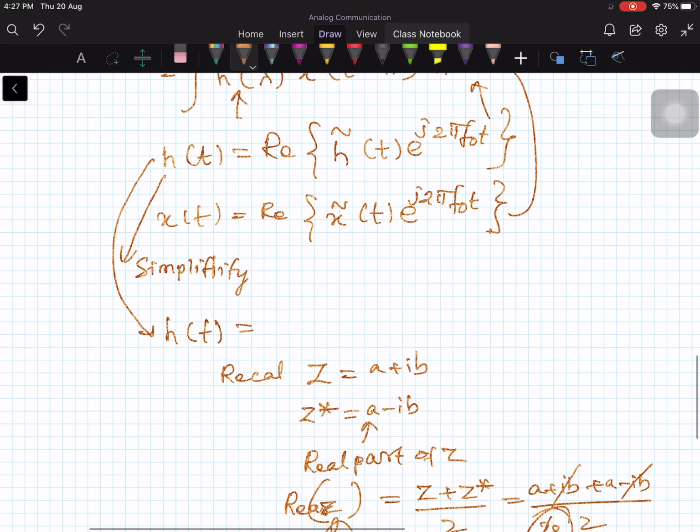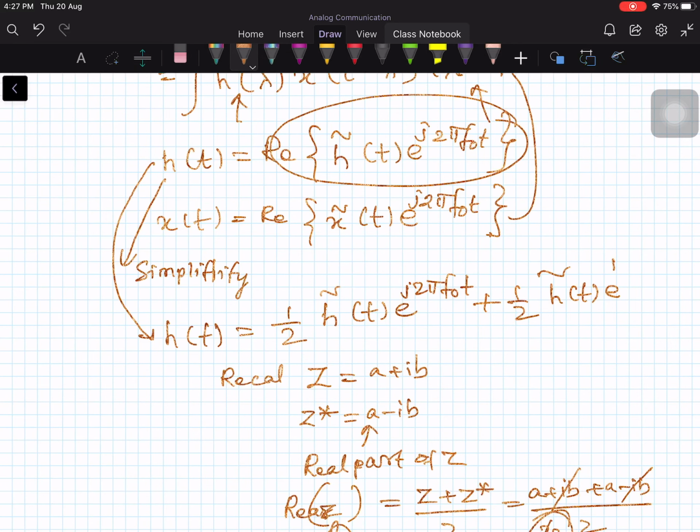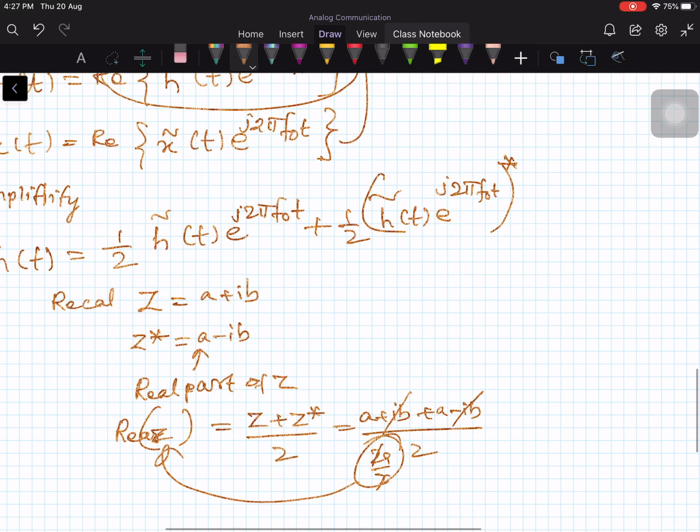So therefore, whenever you have a complex quantity like this, this h of t I can write as 1 by 2 times the complex number h tilde of t times e to the j2 pi f naught t, plus 1 half of the complex conjugate of h tilde of t e to the j2 pi f naught t, like this. So this is my h of t.